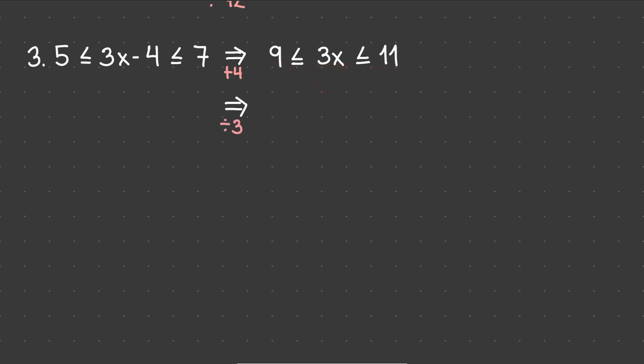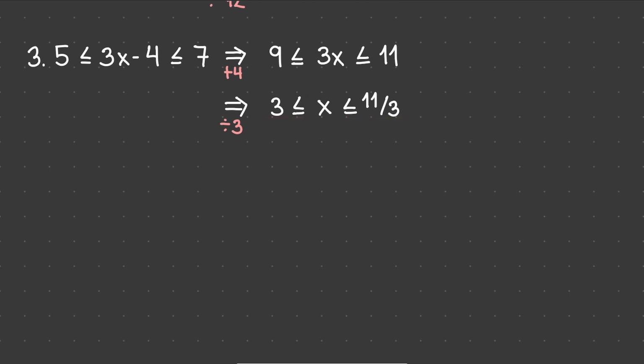So dividing by 3 in all of the parts, that will give us 3 less than or equal to x less than or equal to 11 over 3. There you go. And that's basically what we want out here, since observe that x is already isolated, it just has a different look this time since we have the 2 inequalities bounding it.